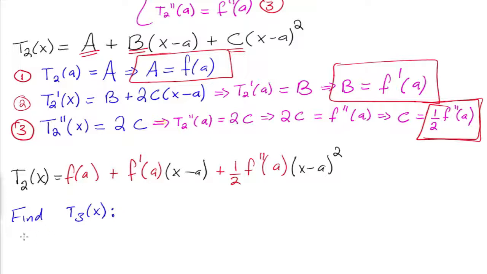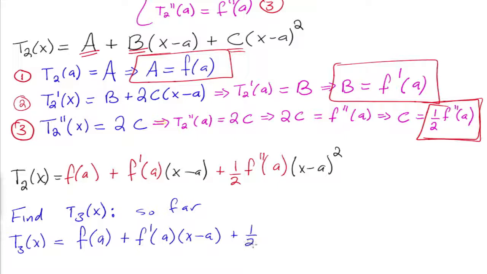Okay, so you will be able to see. So we know, so far, all right, this is what it looks like. T3 of x is going to equal, we're not going to do the whole thing all over again because the same thing would happen, but we know that it's going to look like this: f of a plus f prime of a times x minus a plus one half second derivative of a times x minus a squared. Okay, so this is going to make the function's first and second derivatives equal.